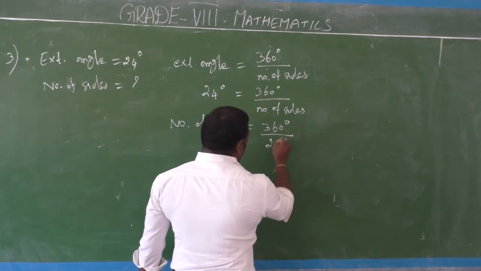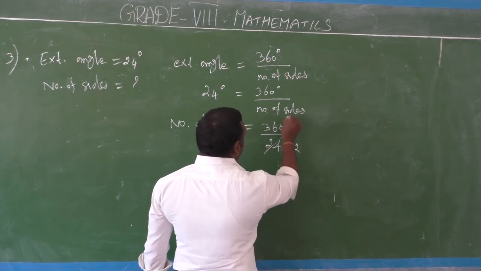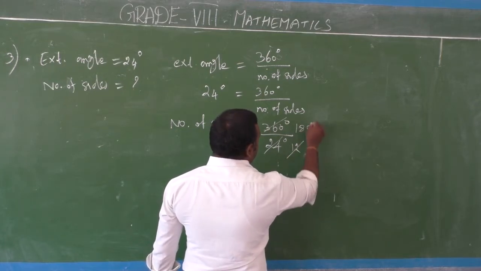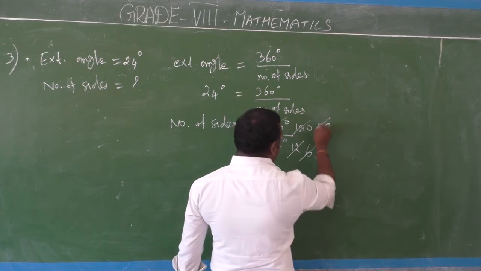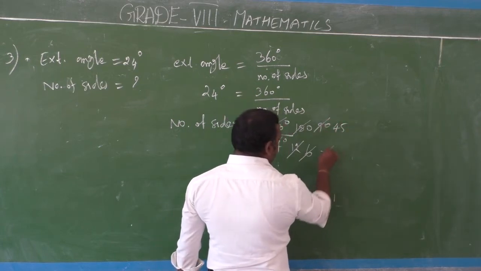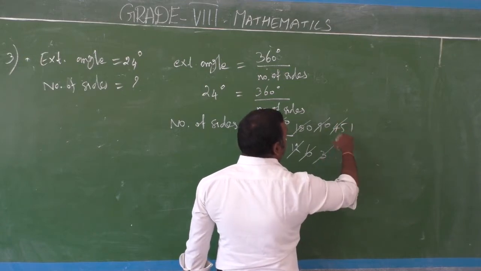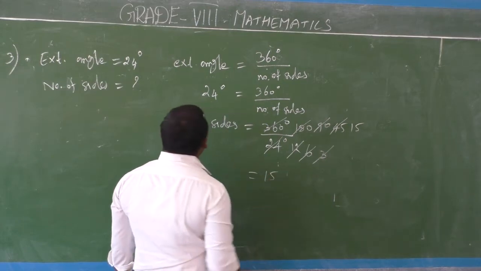Here by division: 12 twos are 24, here 180, here 6, here 90, here 3, here 45, then 1 three is 3, here 1. So 5 threes are 15. So the number of sides is equal to 15.